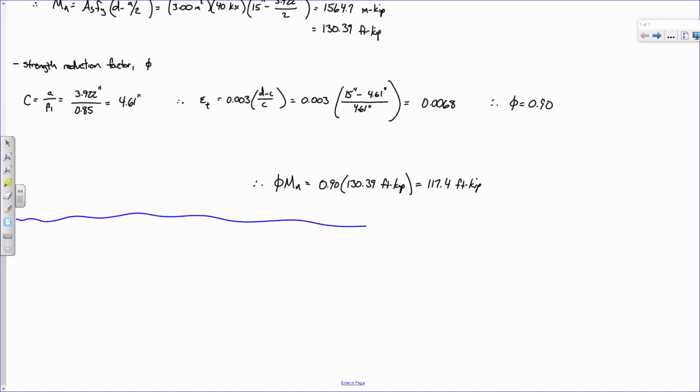Okay. We're not done, because we have to look at the other end of the equation, which is the loads. The problem asks, what is the maximum service live load that I can put in the middle of this beam so that it doesn't fail? So now let's look at the loads.